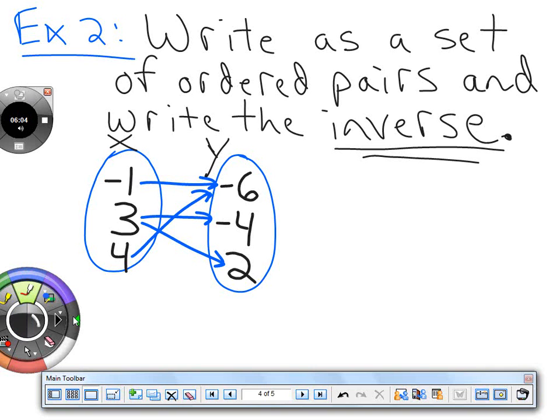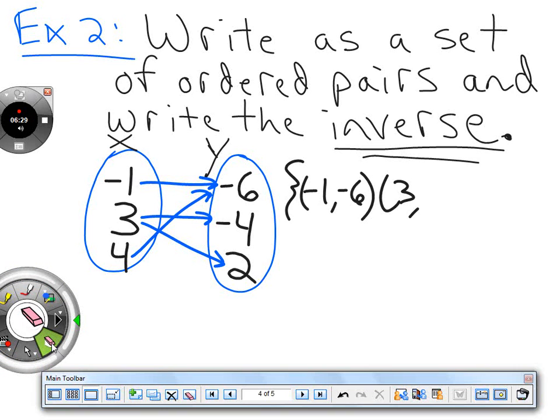So if you wanted to state what the ordered pairs are that are represented by this mapping, you just start with negative 1. So you'd say, okay, I've got negative 1, comma, negative 6. I've got 3 going to negative 4, so that would be this whole thing, sorry for that messed up looking thing.